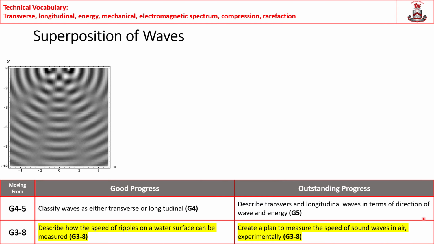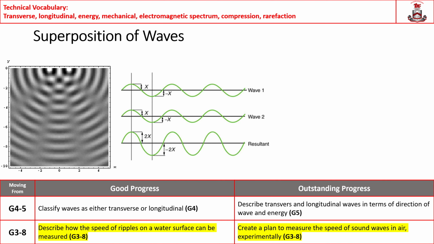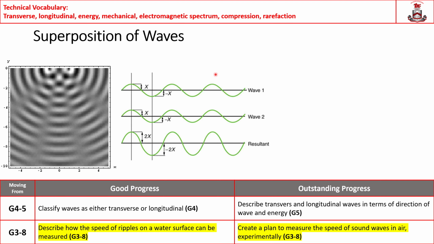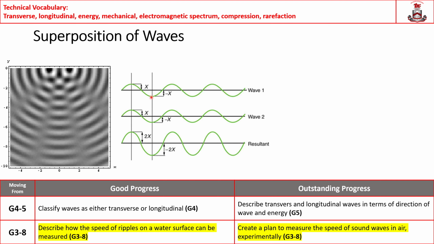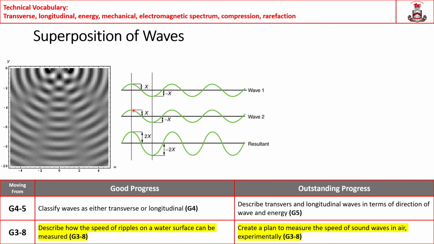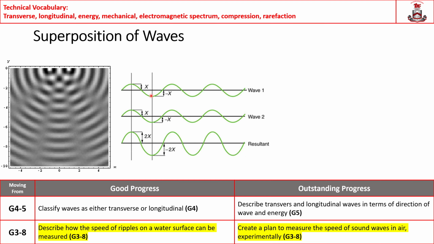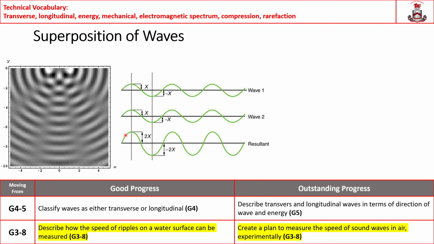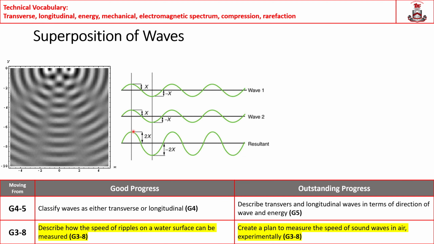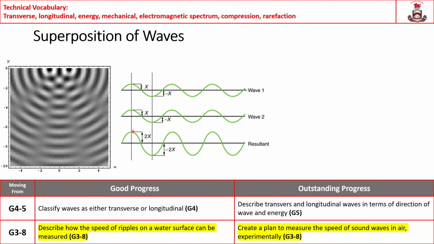So what's happening here is these 2 waves are interfering. If you get 2 waves where their peaks and their troughs match up, you see here the peak of wave 1 and wave 2 matches up, and the trough of wave 1 and wave 2 matches up, they will add together. So the wave that they add together to make will be twice as big.